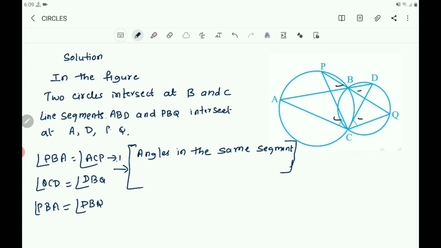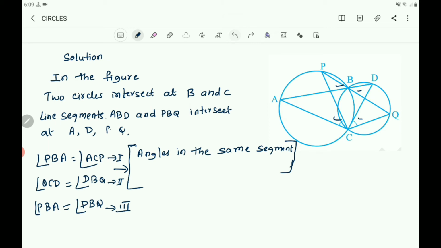So this is the first one, this is the second one, and this is the third one. Here PBA is equal to DBQ and also is equal to ACP. So here you can take ACP must be equal to PBQ, from the first, second and third.